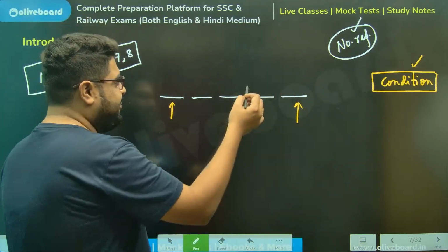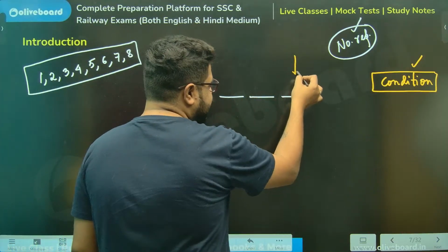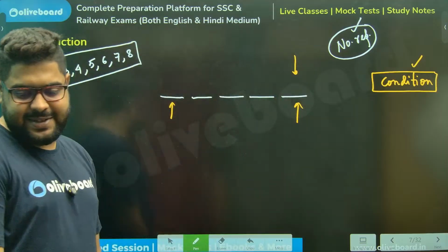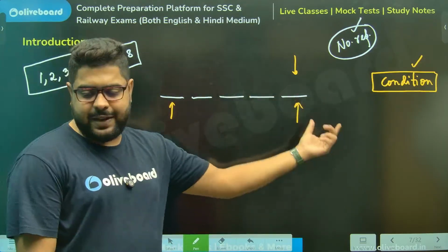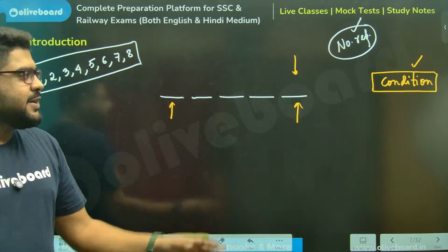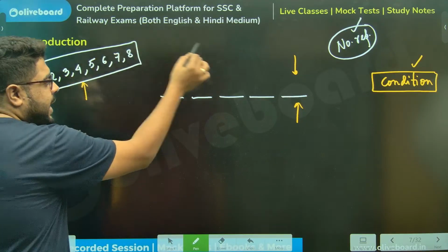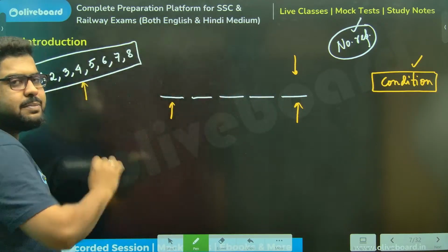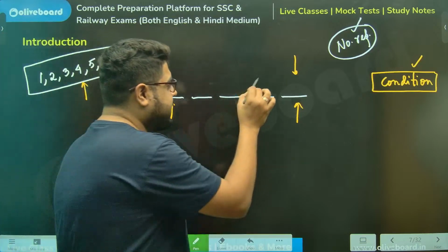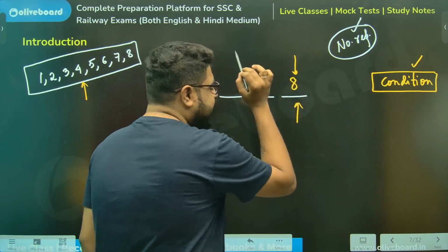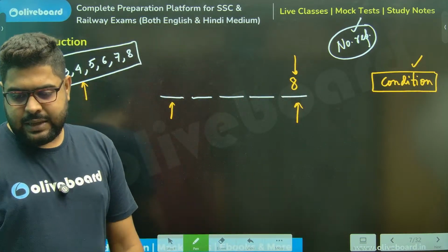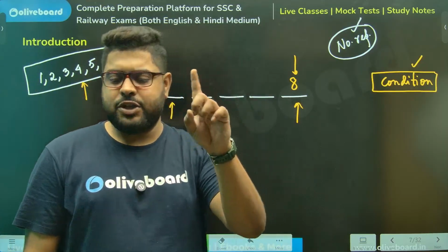So tell me, how many choices do I have to fill this particular space? Or this place I can fill in how many ways? Sir, you will say, you have 8 choices here. You can put any one out of these 8 numbers there. So this particular space has 8 choices. Now tell me, is my job done?